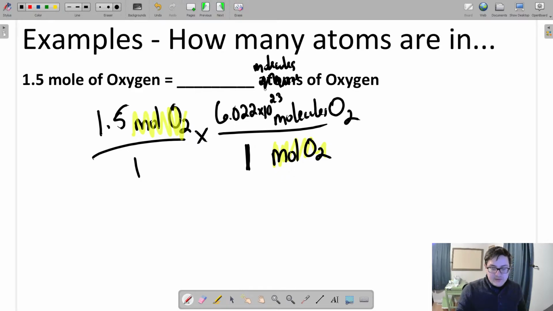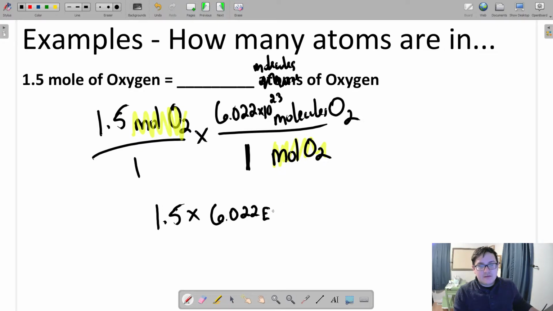We're going to do 1.5 times, and here's how I'm going to type this in my calculator. 1.5 times 6.022. Now there's an EE button on my calculator. This EE means times 10 to the power of.